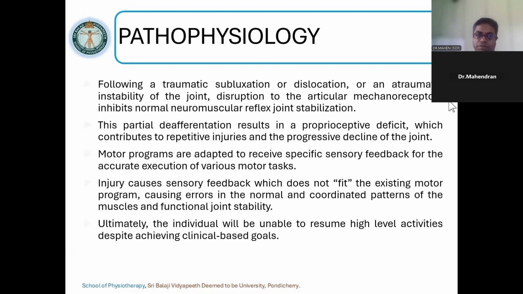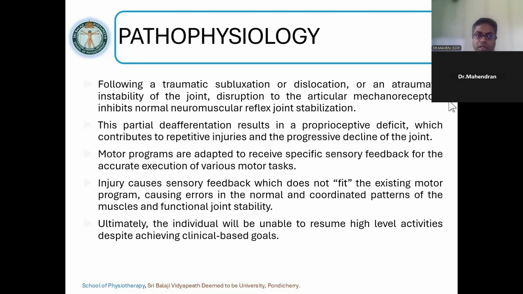So what about the pathophysiology of joint injury? Normally, if any joint is injured, we think of what structure was involved. For example, ligament injuries or meniscus injuries, or sometimes bone injuries or cartilage injuries. These are all the things we normally look for.